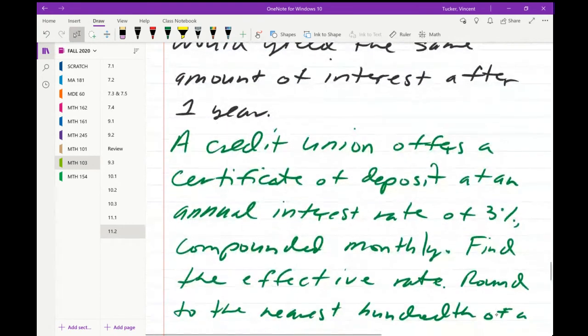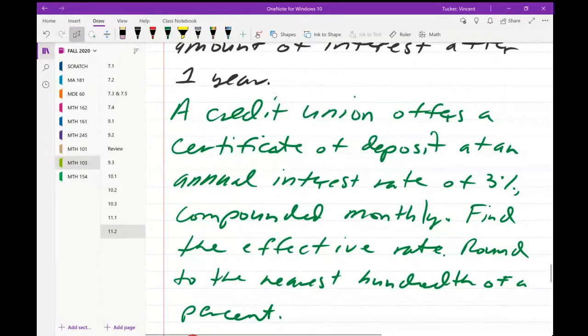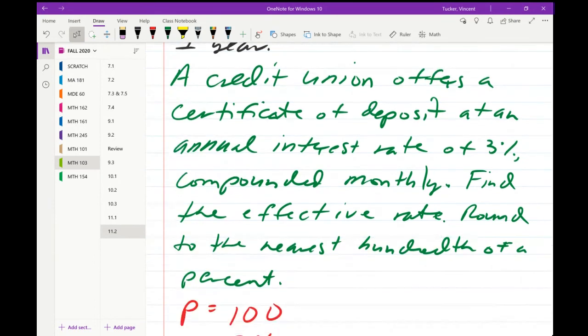A credit union offers a certificate of deposit (CD) at an annual interest rate of 3% compounded monthly. Find the effective rate, rounding to the nearest hundredth of a percent.